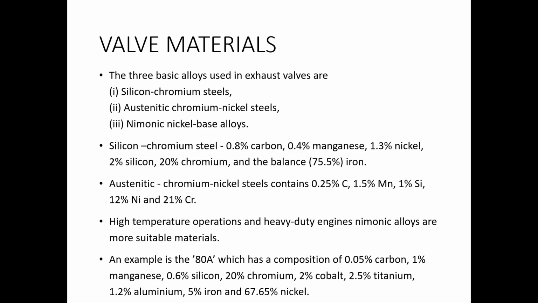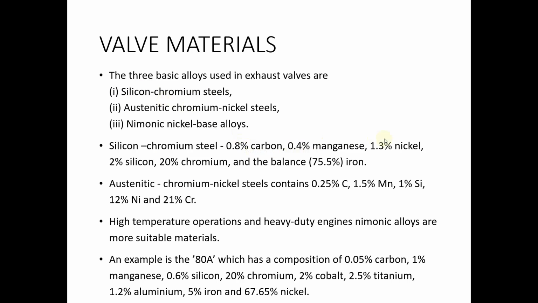And the valve materials that are basically used come in three different types or alloys: silicon chromium steel, austenitic chromium nickel steel, and nimonic nickel base alloys. In olden days, silicon chromium steels were used as valve materials.